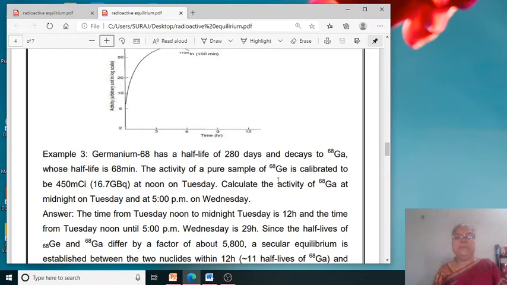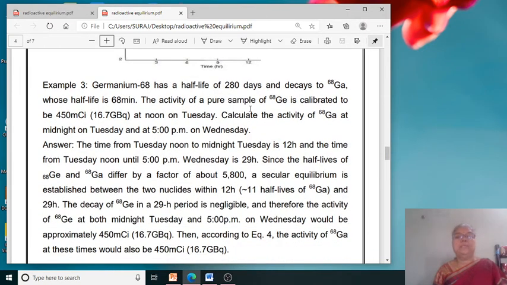The activity of a pure sample of germanium-68 is calibrated to be 450 millicurie at noon Tuesday. This is what they have practically proved.